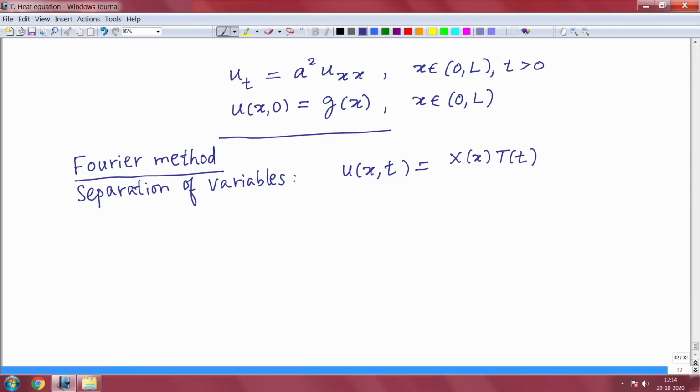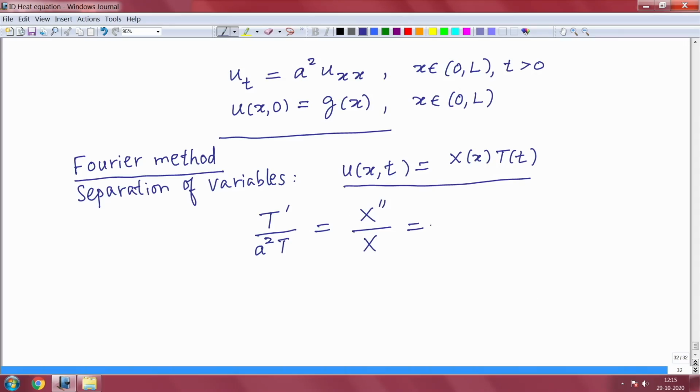Then you plug this expression into the heat equation and you obtain T prime by a square T is equal to X prime by X, and again as we discussed there, this is a function of t only and this is a function of x only, so it must be a constant.